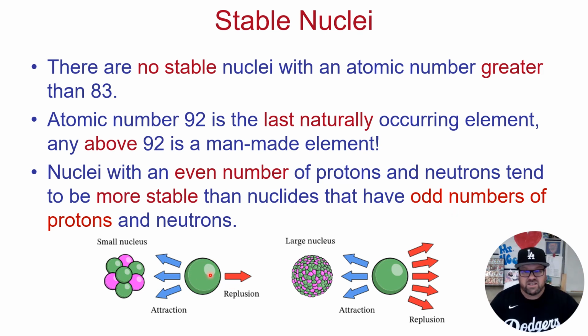Now, I like this diagram at the bottom here. It shows that in a small nucleus, the blue arrows are attraction between neutrons and protons, and red is repulsion between protons. In a small nucleus, there's much greater attraction than there is repulsion, and so you tend to get really stable nuclei. The smaller the atom, the smaller the nucleus.